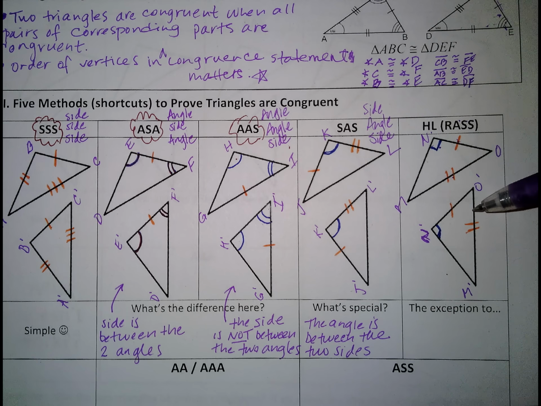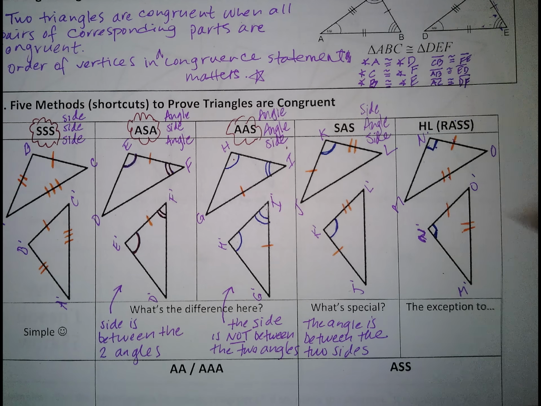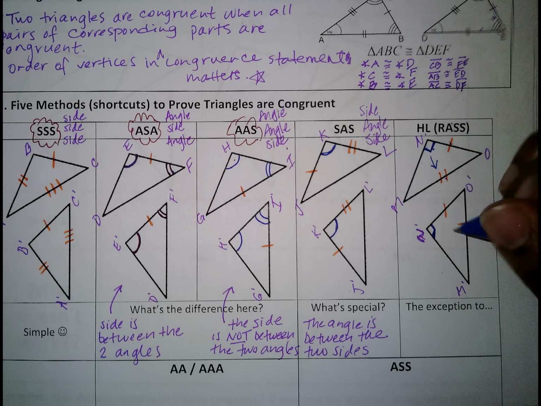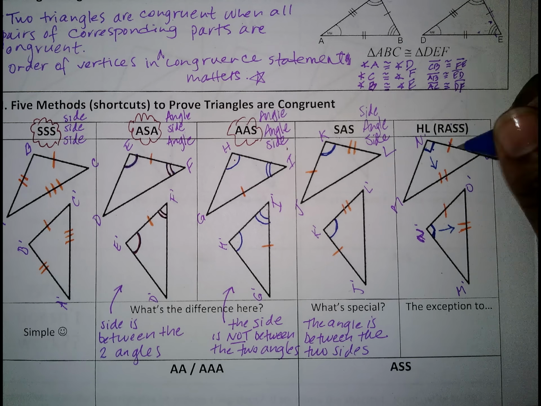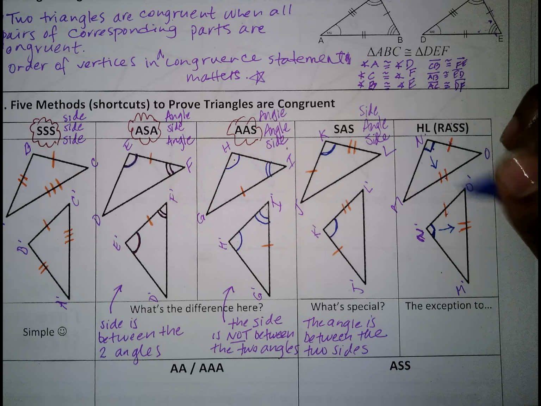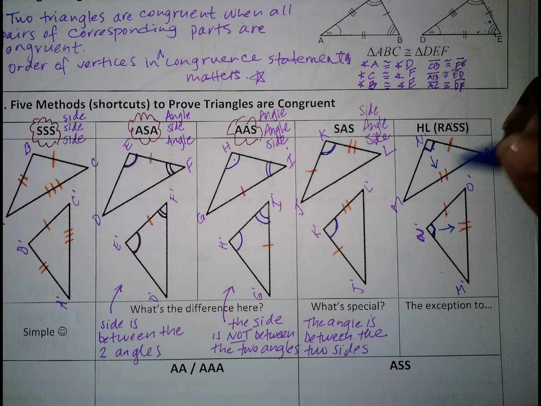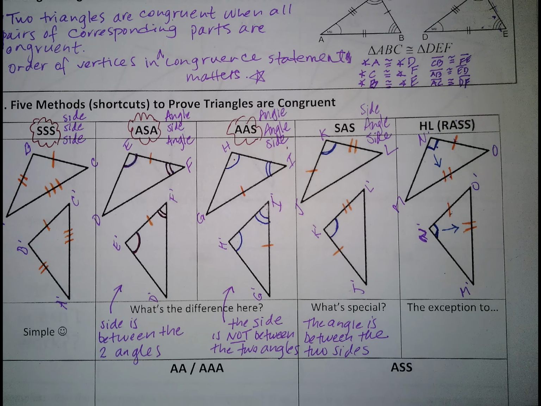Then you know for a fact that your triangles are congruent. And that's called hypotenuse leg, because of course this right here is your hypotenuse, and then you have a leg that's congruent. So if hypotenuses are congruent and corresponding legs are congruent, then your triangles are congruent.